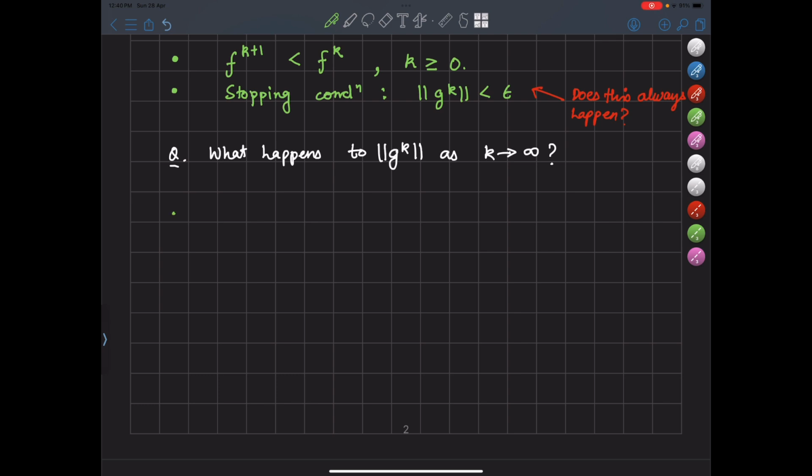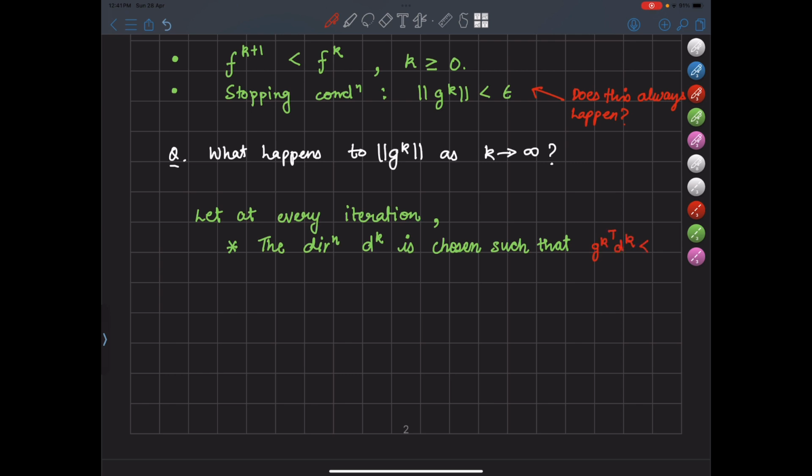So now let at every iteration the direction dk is chosen such that gk transpose dk is negative, which means dk is a descent direction.